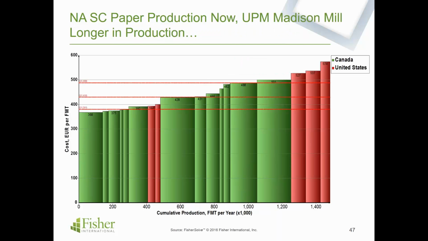So very little that it did for UPM Madison, because it's no longer in production, even though those duties have been executed. And here we can see the situation now between the Canadian and US producers, and US producers are still highest cost except one mill site further in the south.